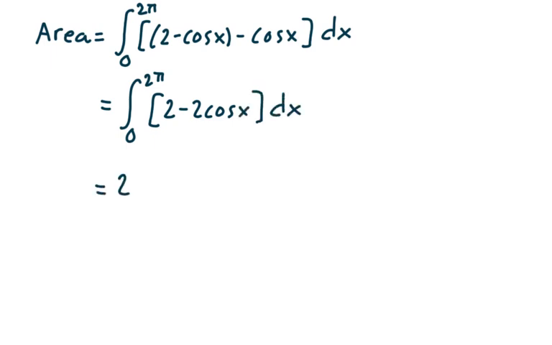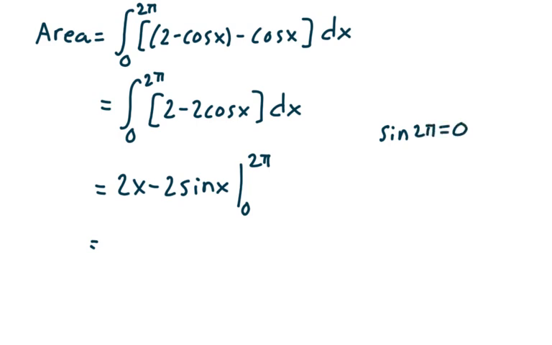Now, this is 2x minus 2 sine of x from 0 to 2 pi. Remember, sine of 2 pi equals 0. Sine of 0 equals 0. So this second term isn't going to contribute much of anything. So the correct answer here for problem number 26 is 2 times 2 pi, which is equal to 4 pi.